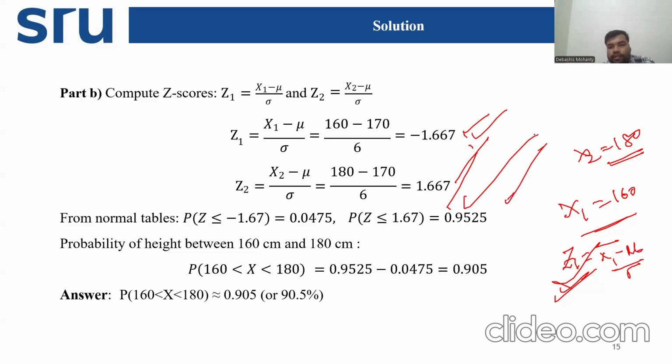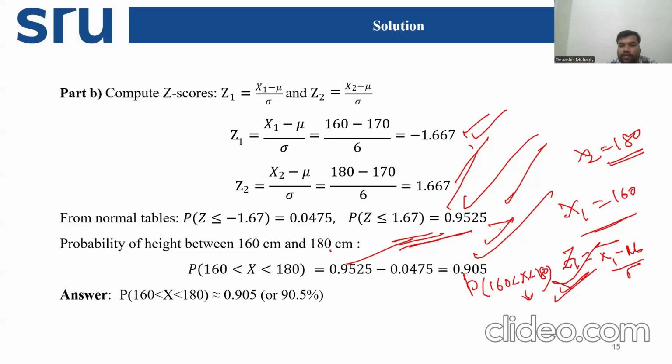z2 value is 1.67. So again in the below part you can see the probability of z less than or equal to minus 1.67 is 0.0475. Similarly, the probability of z less than or equal to 1.67 is 0.9525. So here you can see the probability for the two heights 160 and 180, so 160 less than x less than 180.